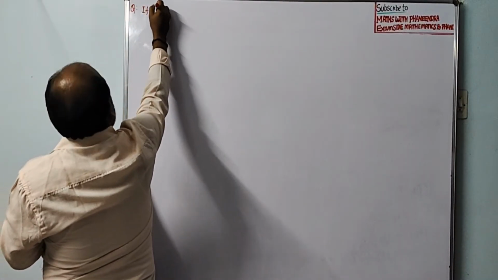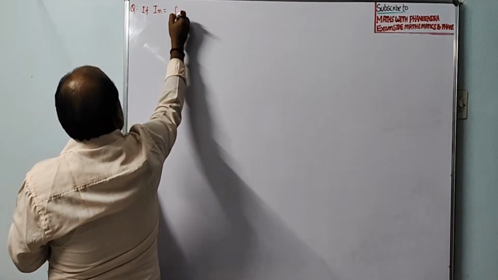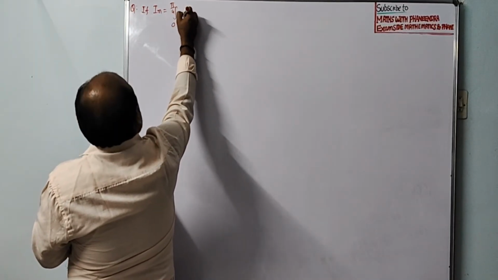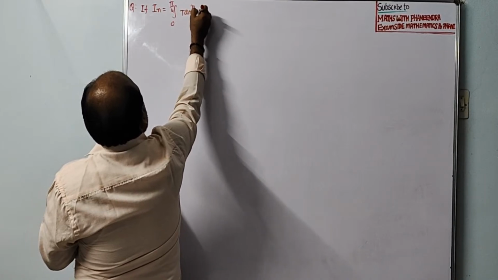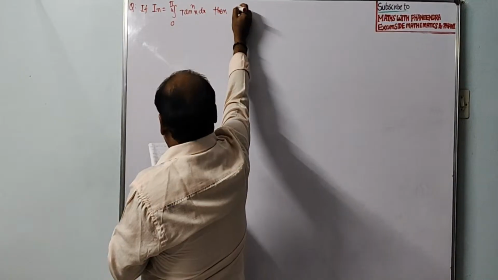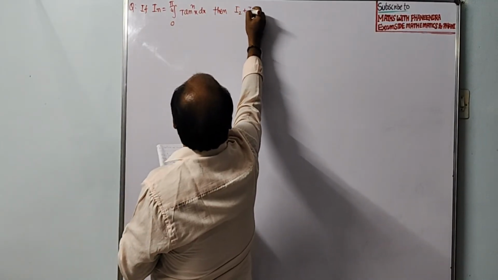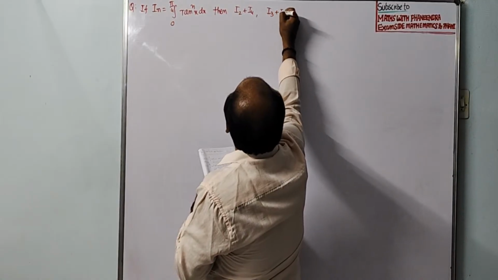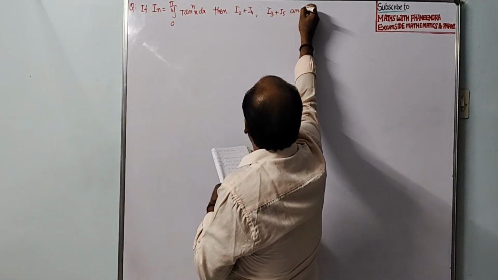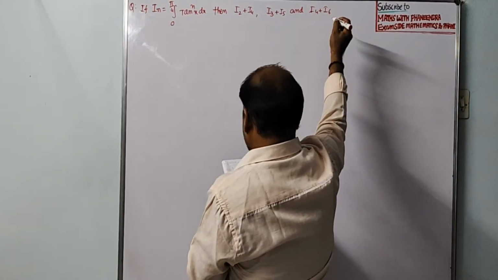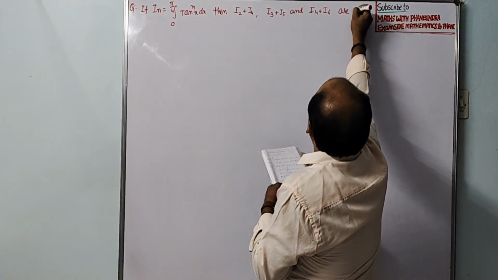If I_n equals the integral from 0 to pi by 4 of tan to the power n x dx, then I2 plus I4, I3 plus I5 and I4 plus I6 are in.